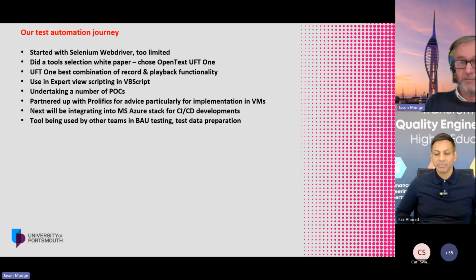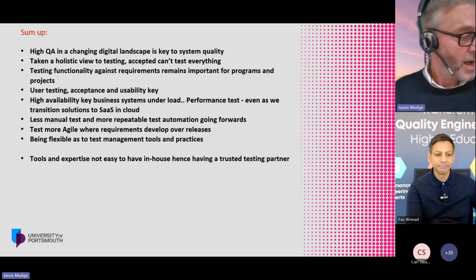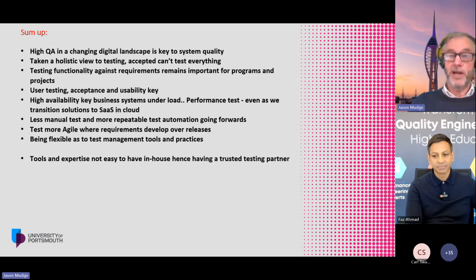So again, there's a relationship with Prolifics here, and we'll be leaning on them heavily to help us actually implement that sometime in the next couple of months.